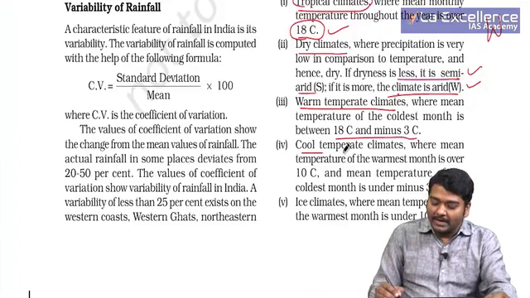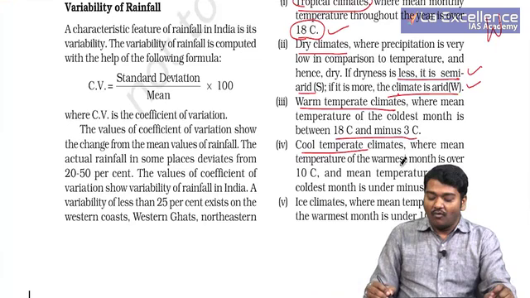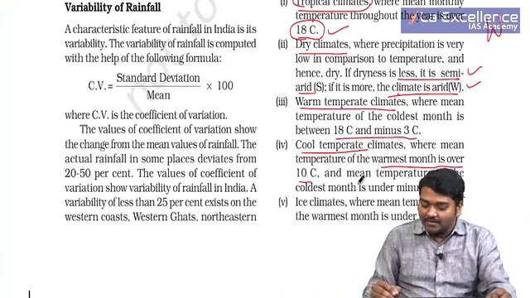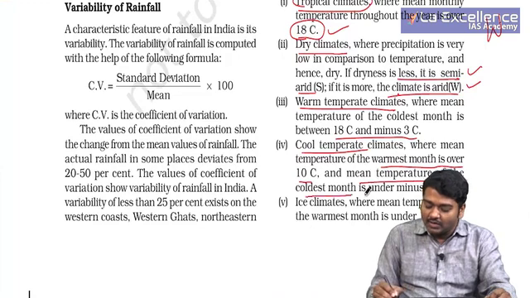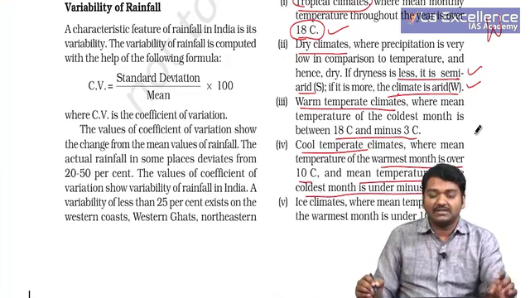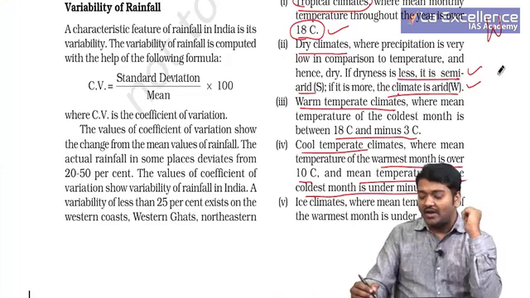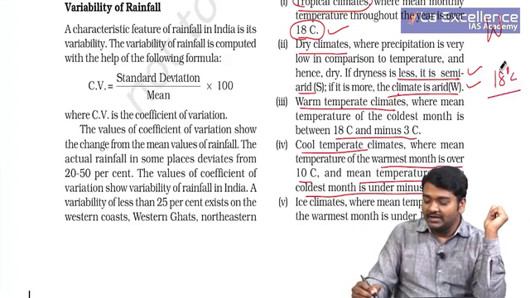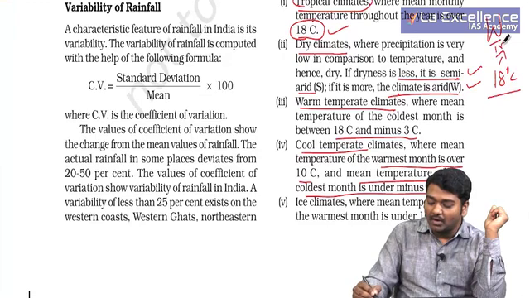Whereas in cool temperate, the warmest month is over 10 degrees Celsius and the mean temperature of the coldest month is under minus 3 degrees Celsius. See guys, if it is above 18 degrees throughout, you call it tropical, correct?